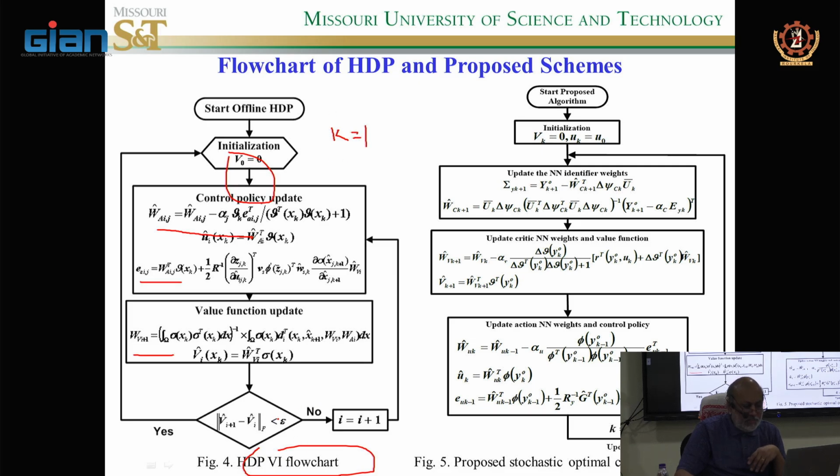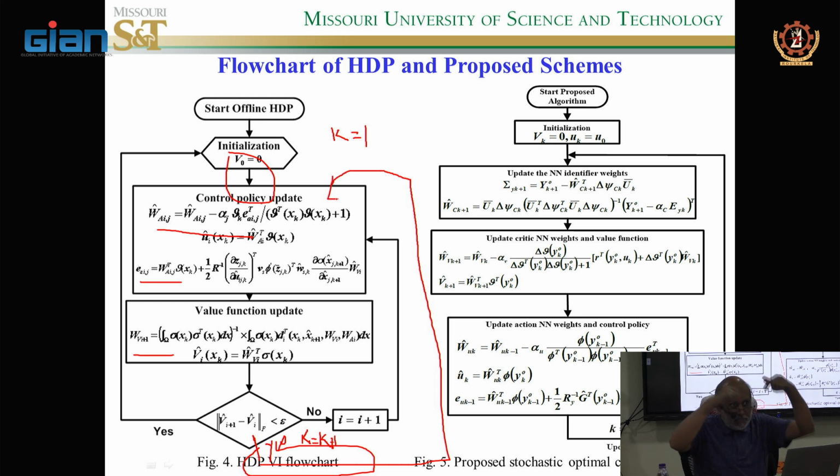Once you iterate it and this happens, then as you're coming out here, if it's yes, then you have another loop, k equal to k plus 1. And then that loop goes back here.